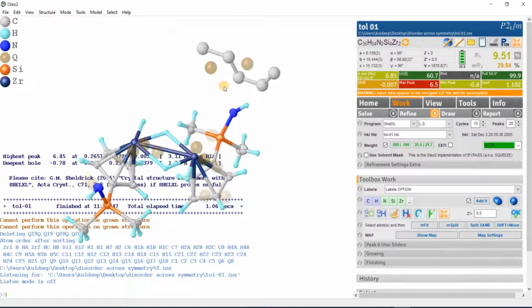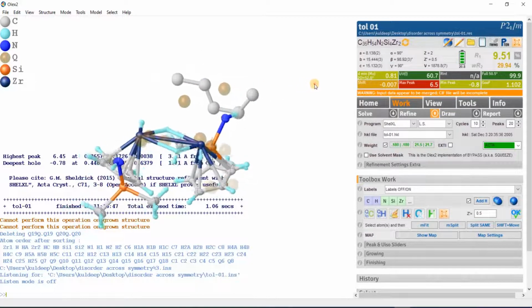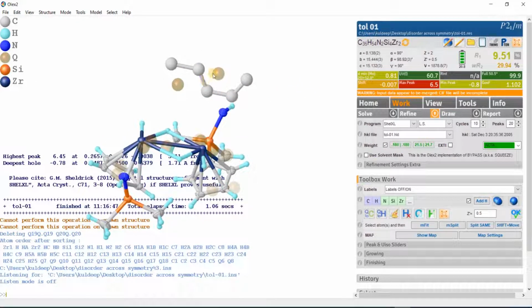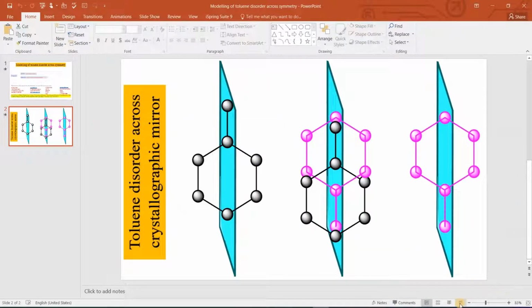Yes, these atoms are on the crystallographic mirror. So in this case, the situation is like this. So the toluene disorder is across the crystallographic mirror, not across the crystallographic inversion center. It's across the crystallographic mirror.